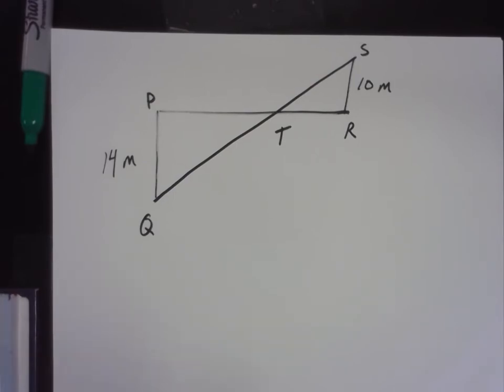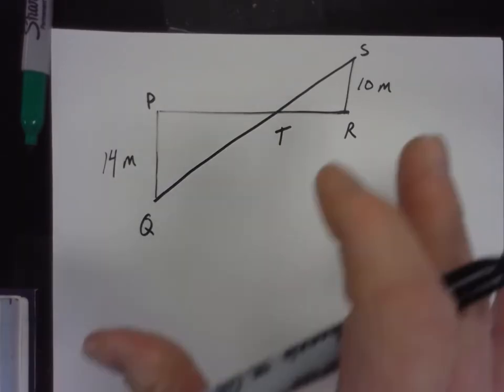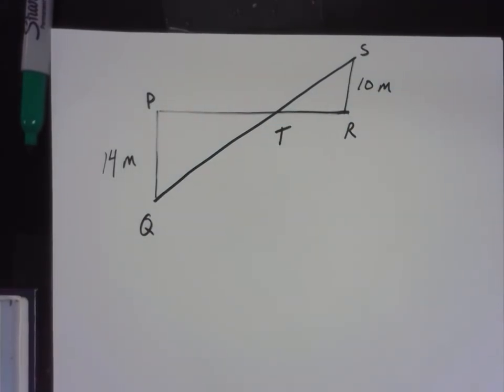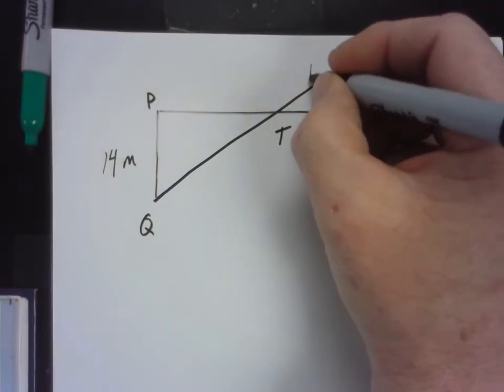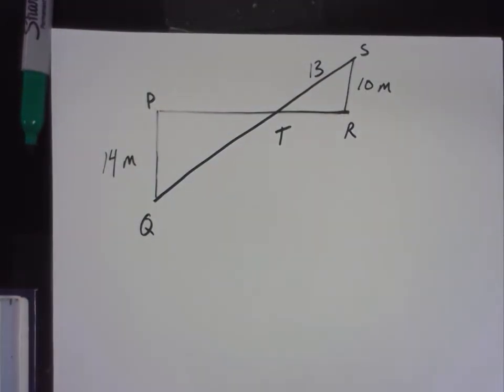Okay, so first of all, do you have enough information to find the 4 missing sides here? No? So if I give you this one is 13, do you have enough information now to find the 3 missing sides?